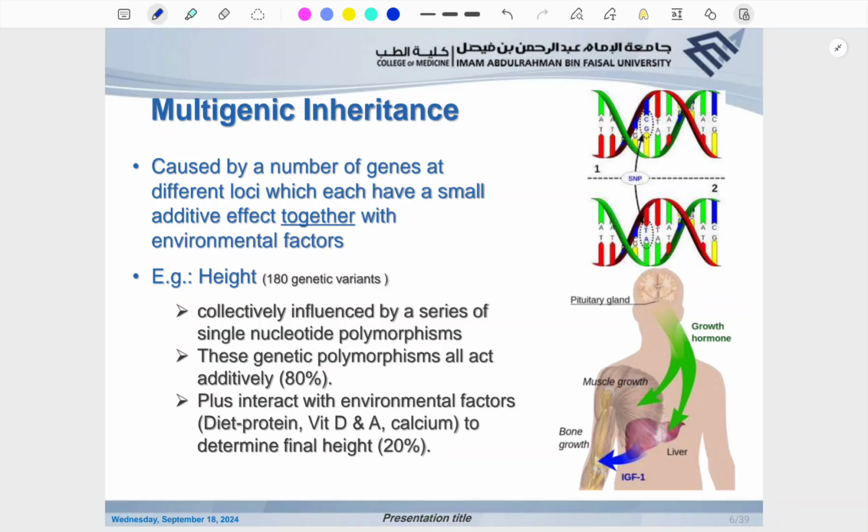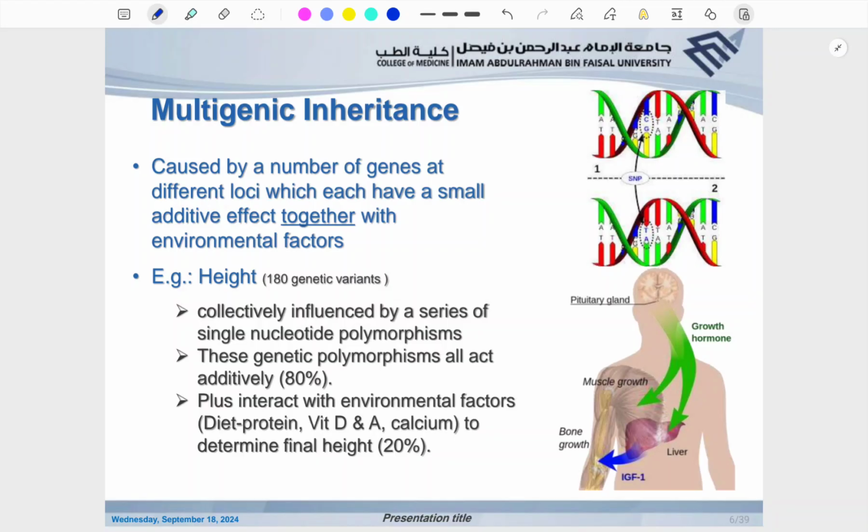So height is influenced by these genetic polymorphisms, which all act additively. 80% of height is affected by genes, so 80% of my height is being influenced by my genes. 20% is influenced by environment, for example diet: whether it has protein, vitamin D, vitamin A, enough calcium.